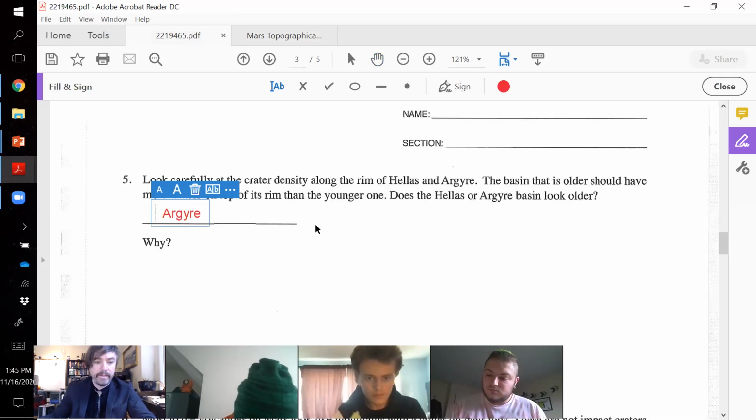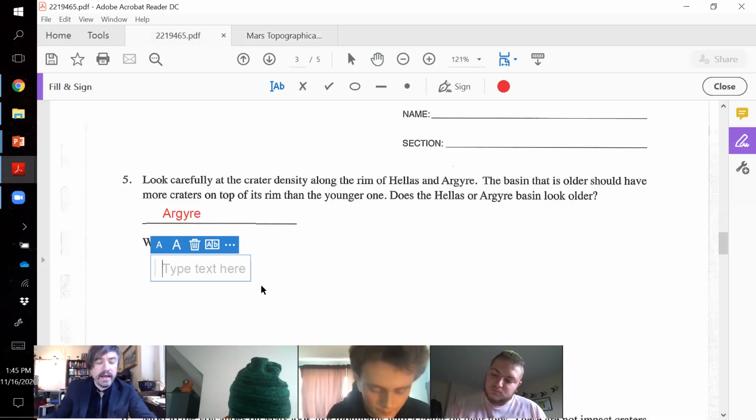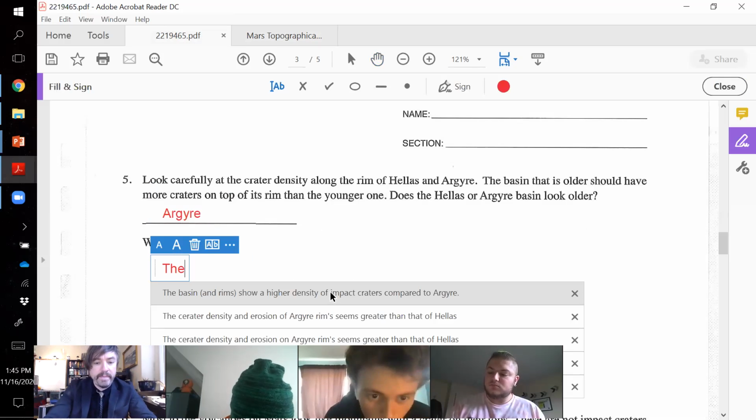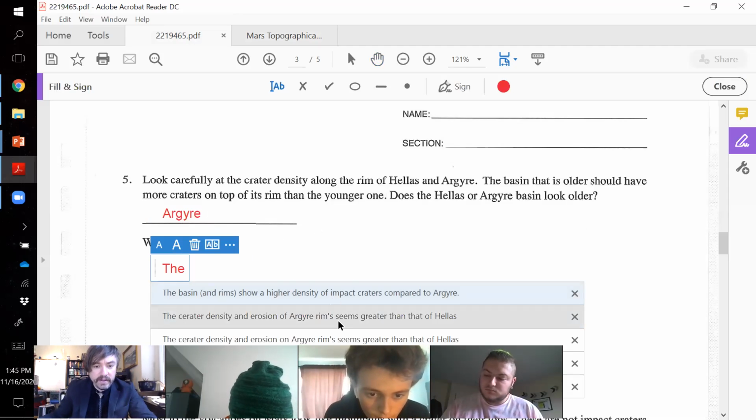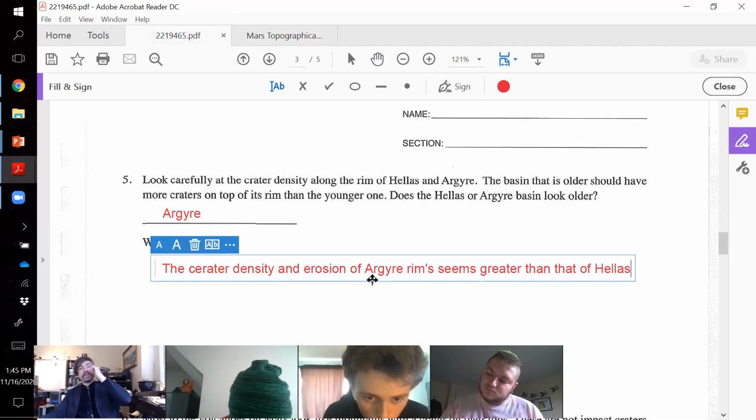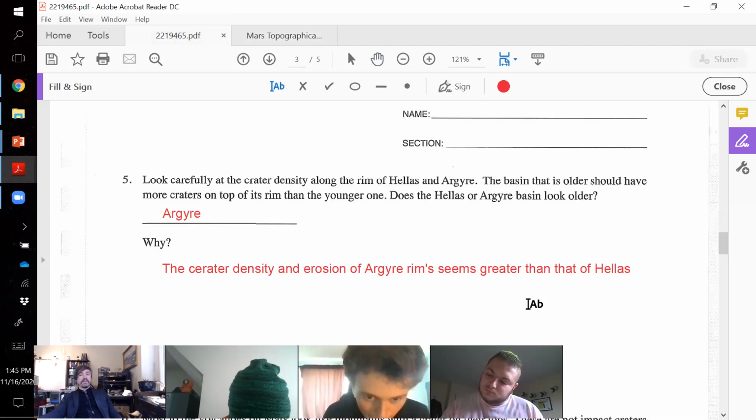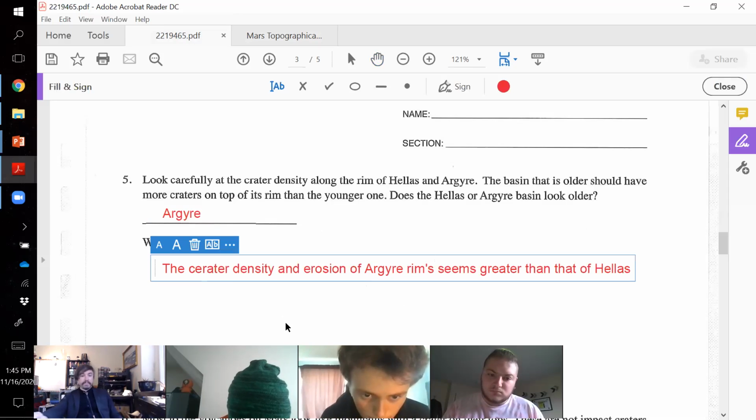Aeolis. And for why, the crater density and erosion of Aeolis's rim seems greater than that of Hellas.